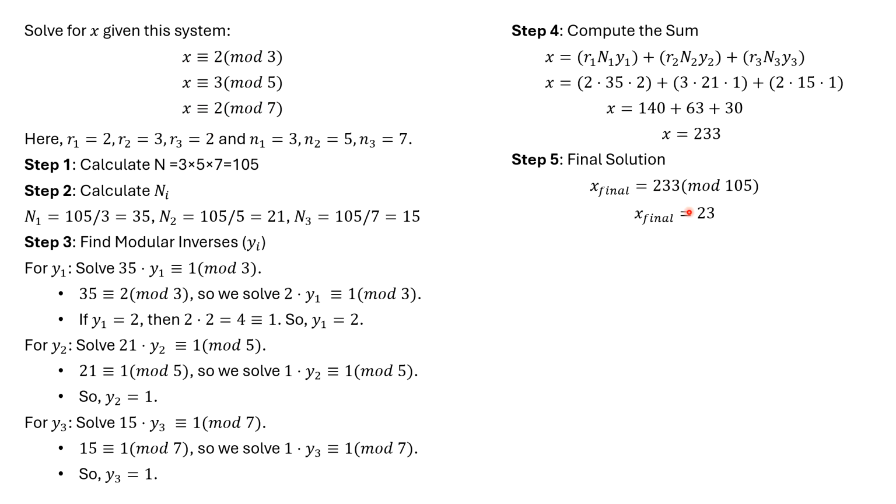We can just do one here. Let's see. We put in 23 for this one here. We get 23 is congruent to 3 mod 5. And if you subtract the 3 from the 23, you get 20. And of course, 20 is congruent to 0 mod 5. So that checks out. You may want to check the other two, but they both work out. Okay, so we spent a lot of time on this.